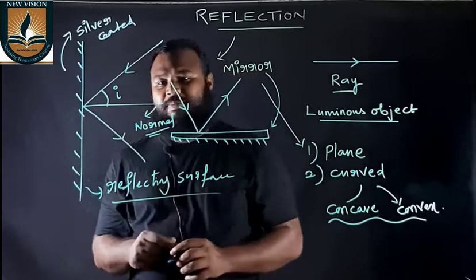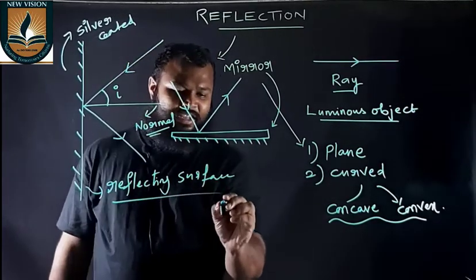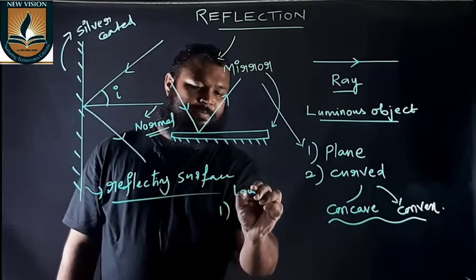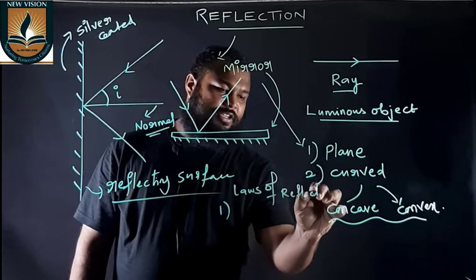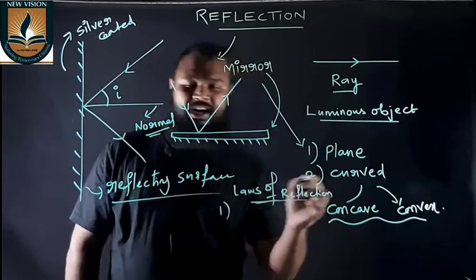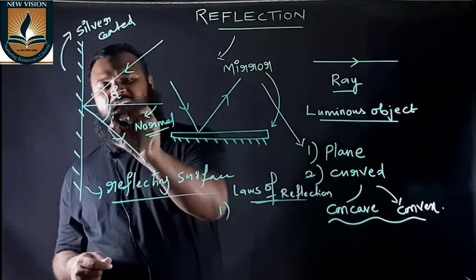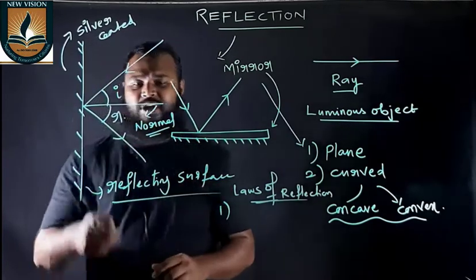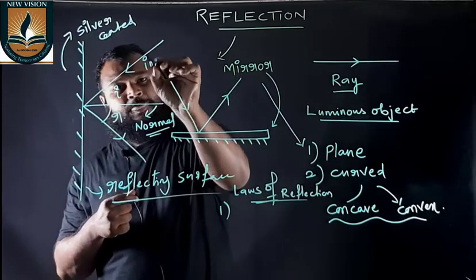So according to the laws of reflection, let me write them here. So what are the laws of reflection? Let's see. The first law is that this is the angle of incidence, and this is the angle of reflection, the angle made by the reflected ray with the normal. So what is this ray?